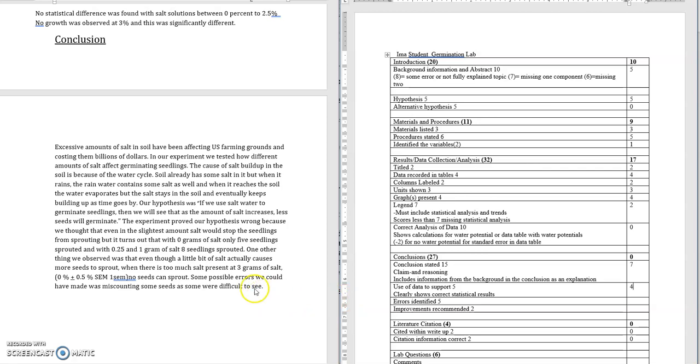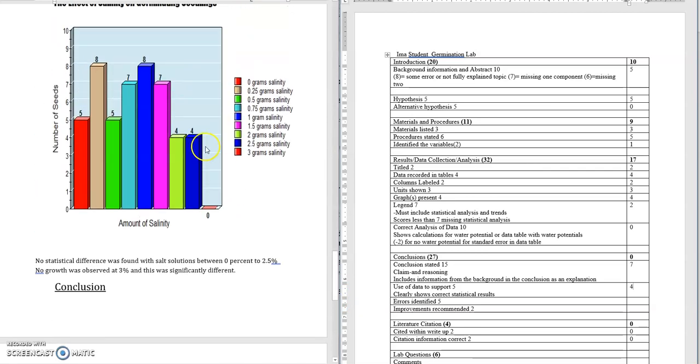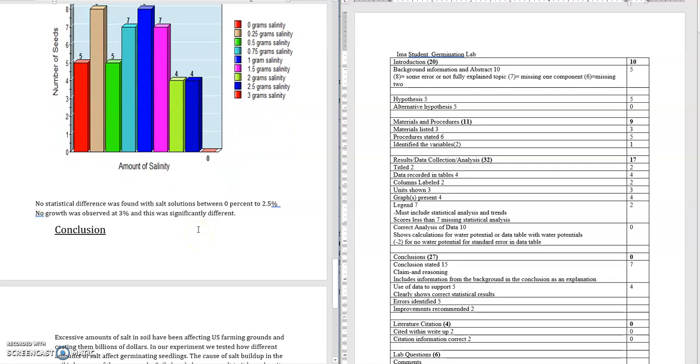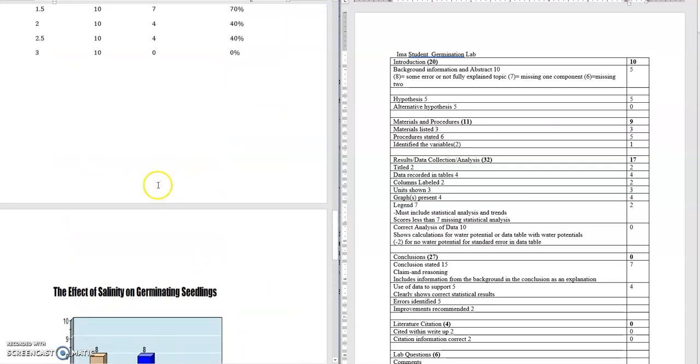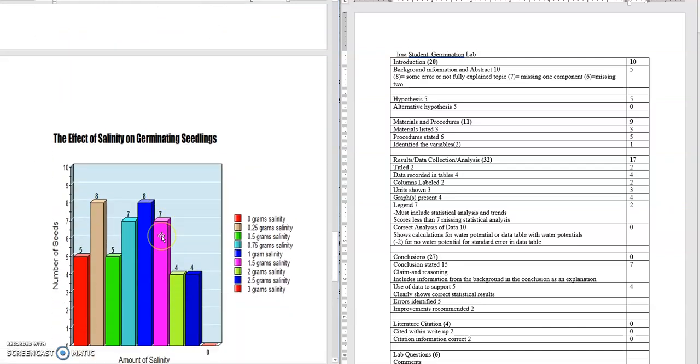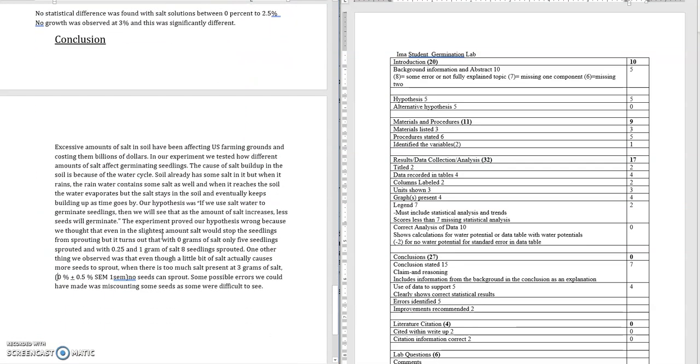I would have assumed that maybe their mixing of the salts in the 100 milliliters of water was inaccurate. I do not see repeated data, so another error could have been that they only did it once, and that's why maybe there's no clear data. So I would say that because they showed no improvements, and because they had mentioned an error.